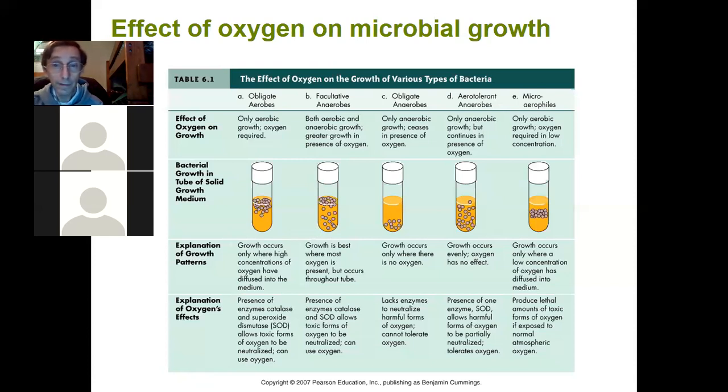All right. There's also aerotolerant anaerobes. These are anaerobes, so they do not require oxygen for their growth. So you will see the growth of an aerotolerant anaerobe everywhere in the tube, and they will be distributed evenly throughout the tube, meaning, I don't know, 3 here, 3 there, 3 there, 3 at the very bottom.